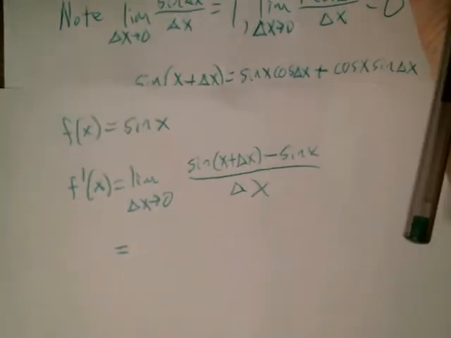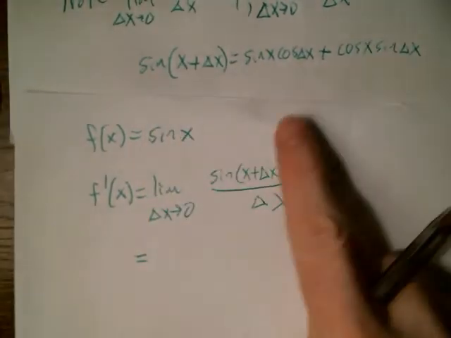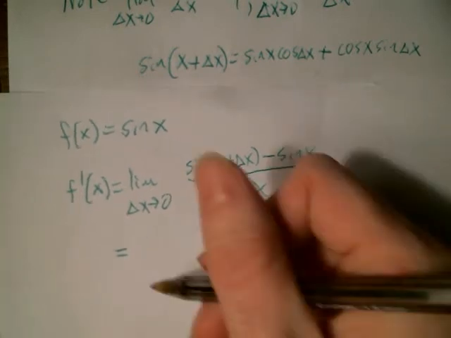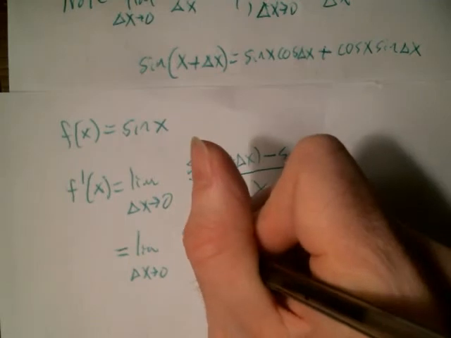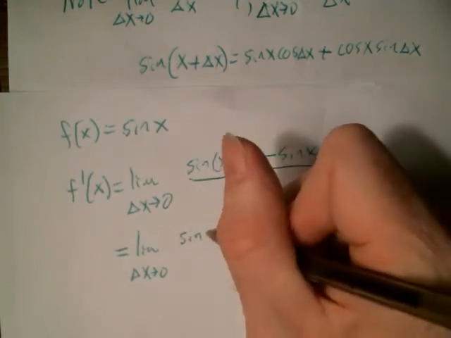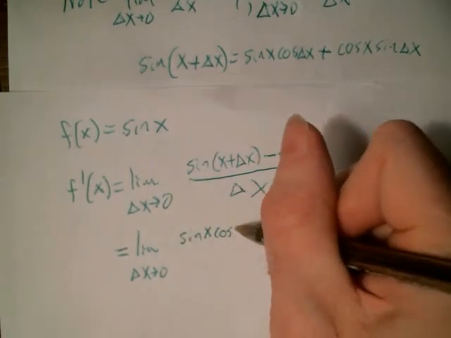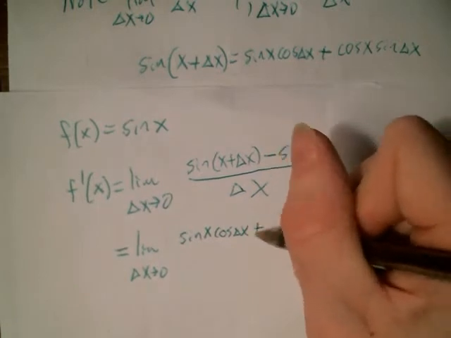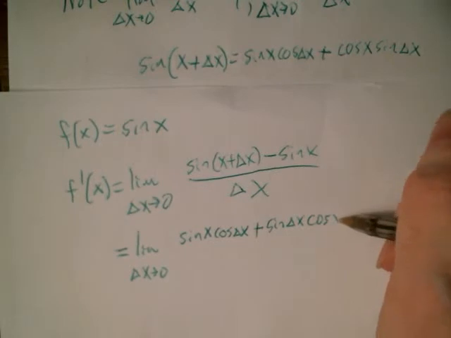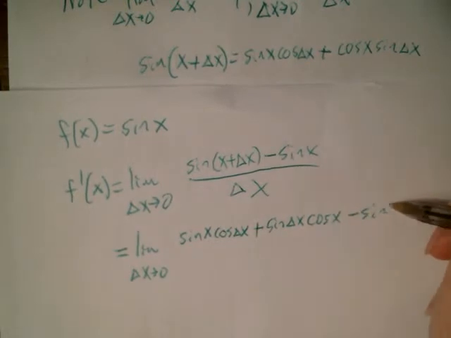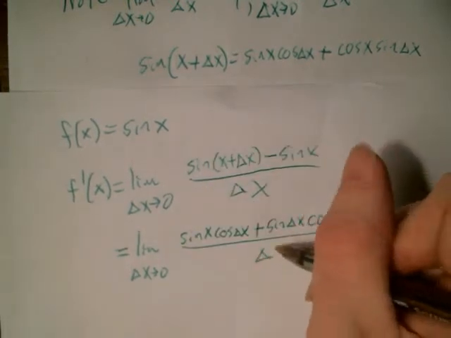Okay. Then I can use this statement to rewrite this guy here. So I'll have the limit as change in x goes to 0 of sine x cosine change in x plus sine change in x cosine x, and then minus sine x, and then all over change in x.